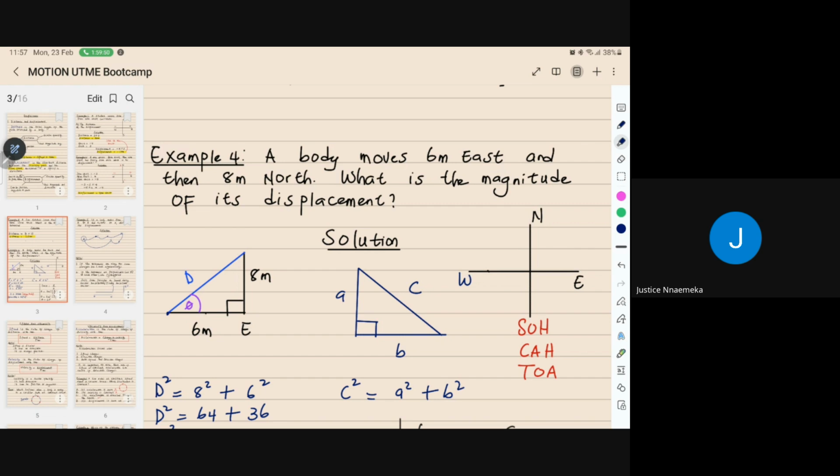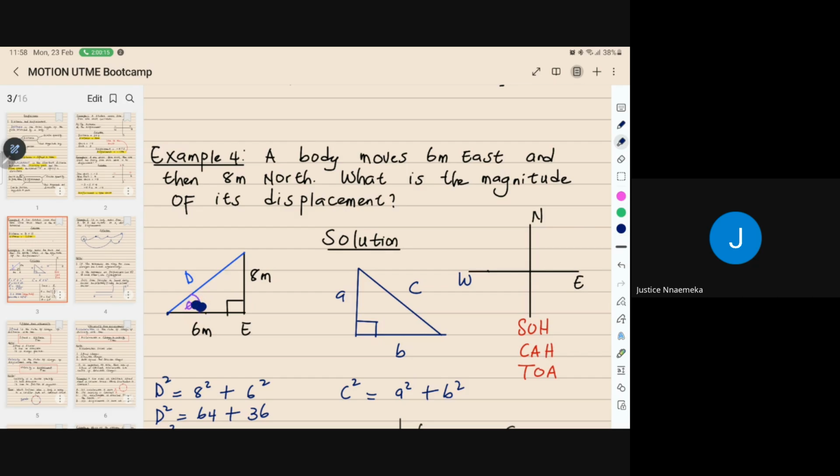You're no longer moving in a straight line. If it is north and south, just put the sum together. West and east, put the sum together. But this one forms an angle. They are perpendicular to each other. So to look for the displacement, we applied our Pythagoras theorem. And then to find the direction, unlike the other one where the negative sign tells you the direction, it is west or north or east.